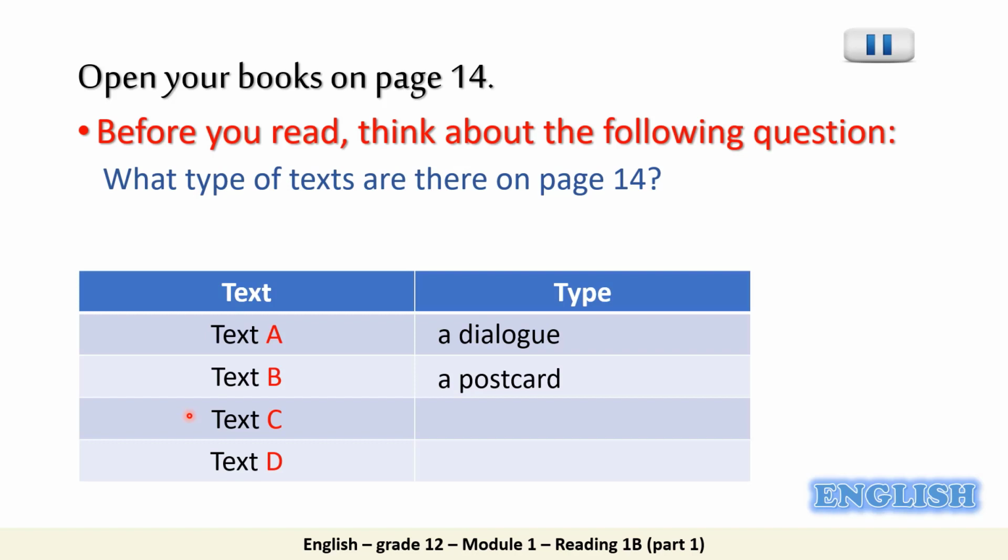We came to discuss this type of text before, and it is an article. And finally, text D. What do you think? We've got to, from, subject, and this makes text D an email. Great job.